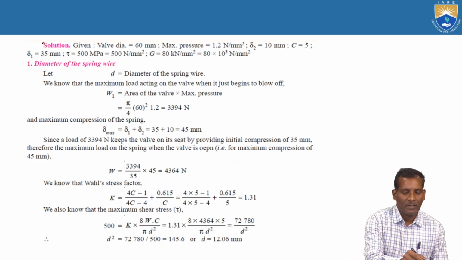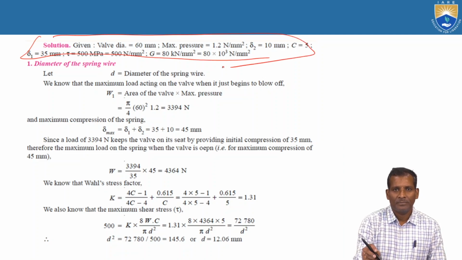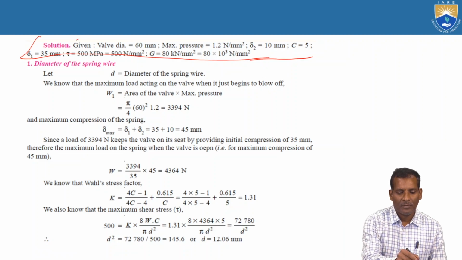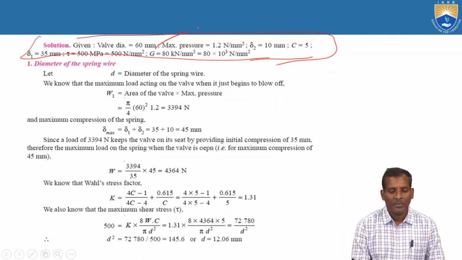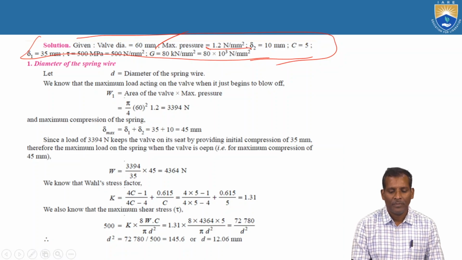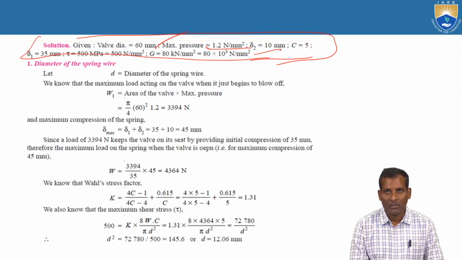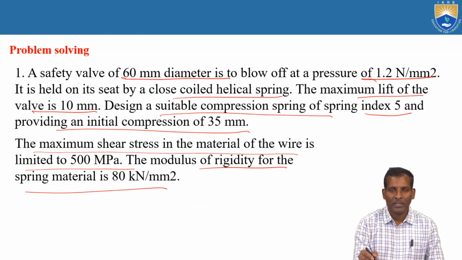The first step is the given data. The valve diameter is 60 mm and the maximum pressure is 1.2 Newton per mm square. Delta 2 is the compression of the spring, that is, the maximum lift of the valve is 10 mm.